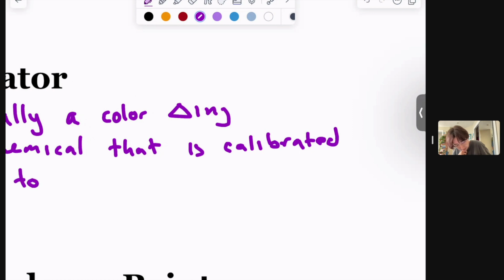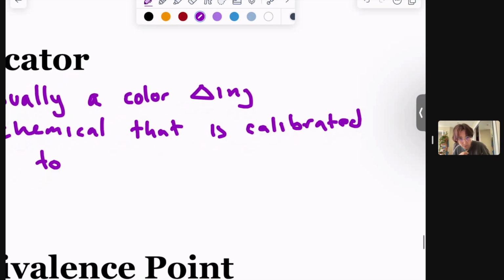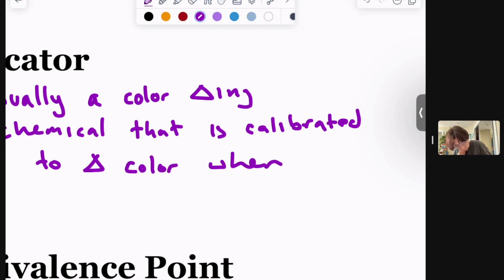There are lots of different types of indicators, and you would have to choose one that would work best for your reaction, to change color when the reaction is complete.